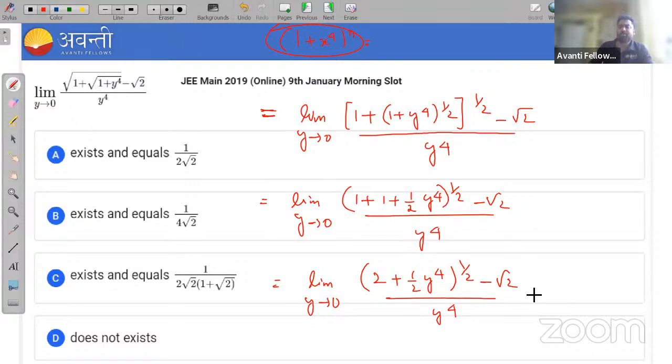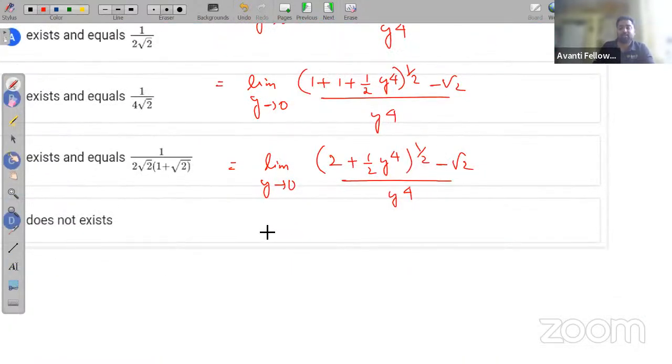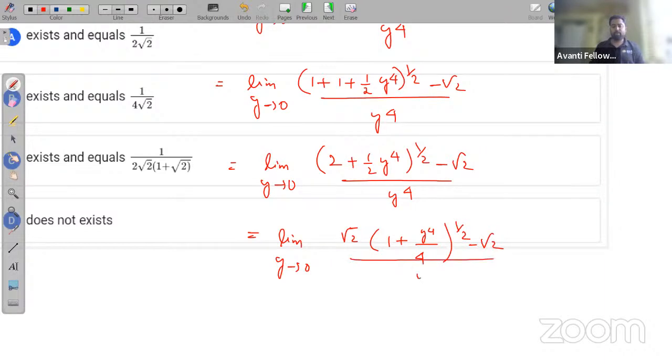So yes, simple. If we take root 2 common from the numerator, what will happen? The limit as y tends to 0 becomes root 2 times (1 plus y to the power 4 upon 4) whole to the power 1 by 2, minus root 2 upon y to the power 4.